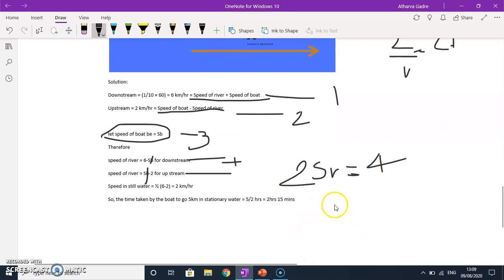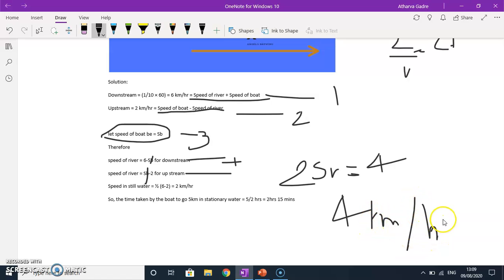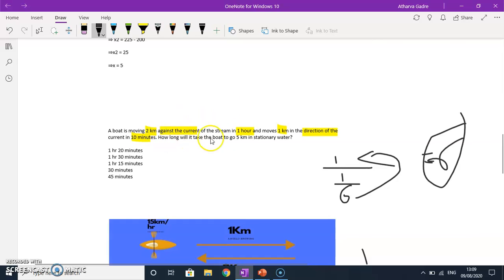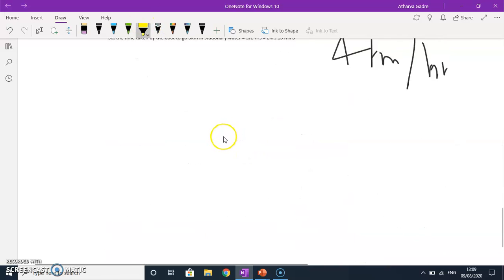Now, the question says that we have to travel 5 kilometers in stationary water, that is the water is not moving.